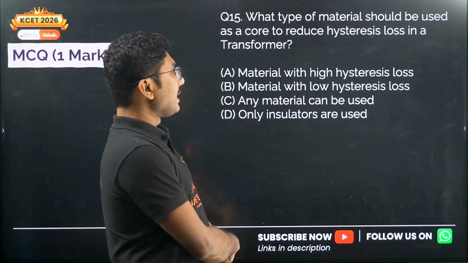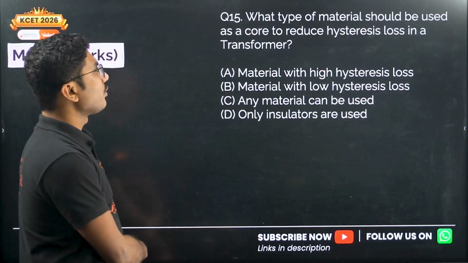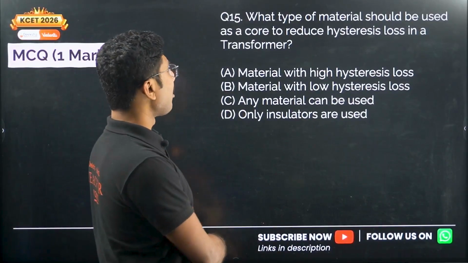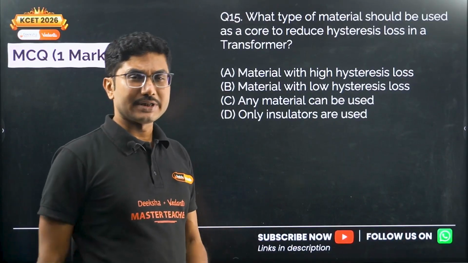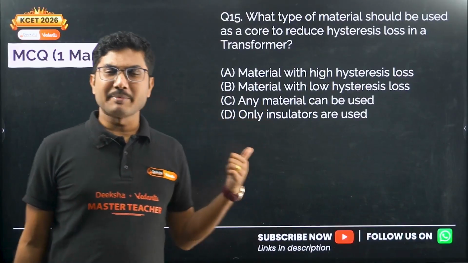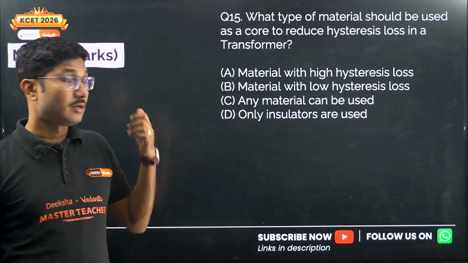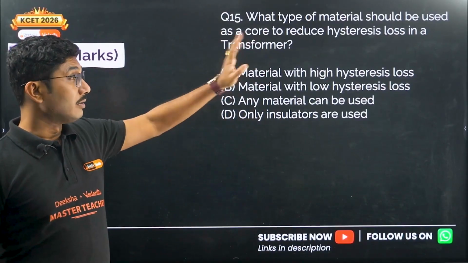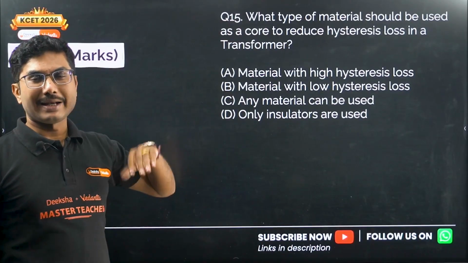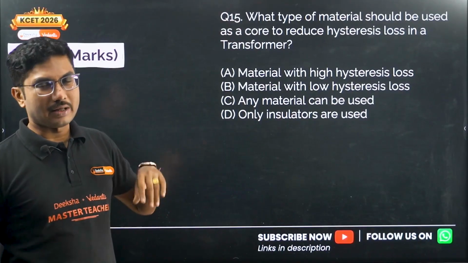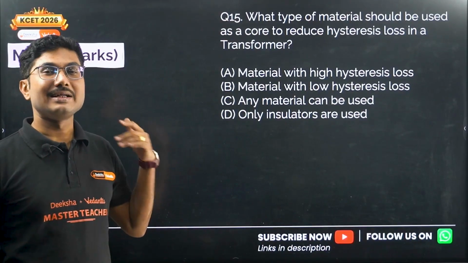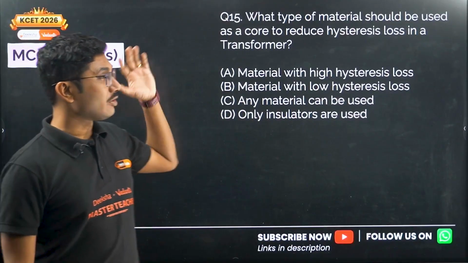What type of material should be used as a core to reduce the hysteresis loss in a transformer? Hysteresis loss is basically this: if you use a permanent magnet inside the transformer core, the magnetic polarity keeps on flipping every time the current changes and it gets heated up. That is called hysteresis loss.